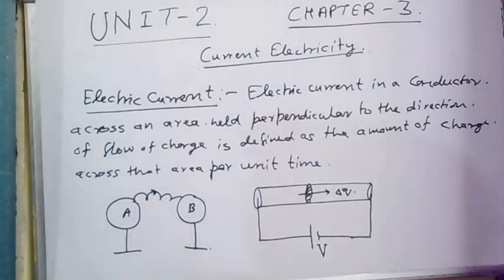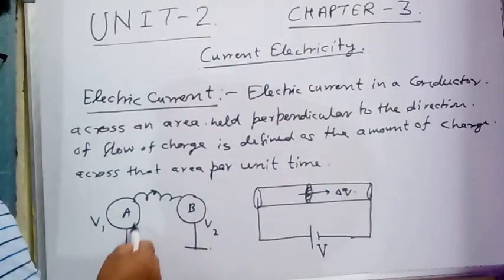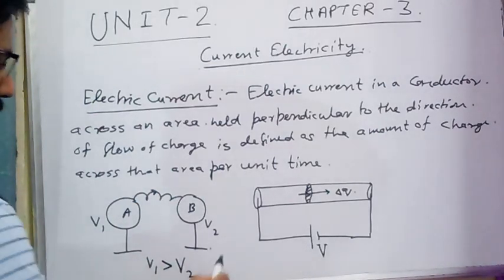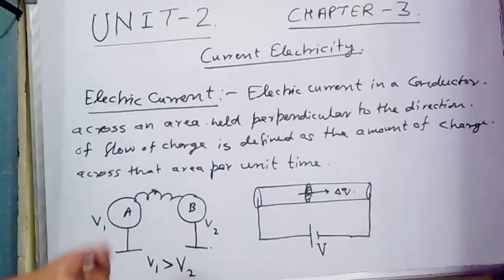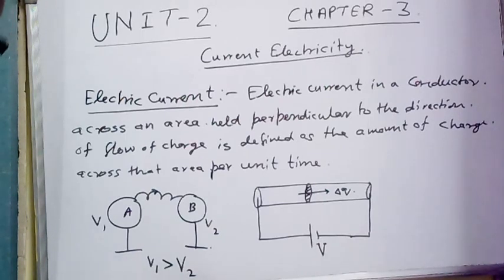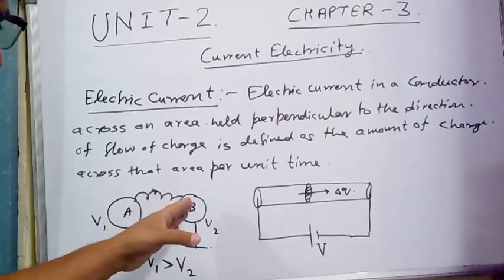Then, as we know, the charges are going to flow from the conductor at higher potential. Suppose the potential of conductor A is greater than the potential of conductor B. The charges flow from the conductor at higher potential to the conductor at low potential. So how do the charges flow through a conductor?